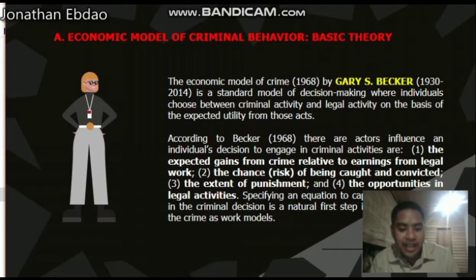According to Becker 1968, the factors that influence an individual's decision to engage in criminal activities are the expected gains from a crime, earnings from legal work, the chance or risk of being caught and convicted, the extent of punishment, and the fourth, the opportunities in legal activities. Specifying an equation to capture the incentives in the criminal decision is a natural first step in most analyses of crime as the models.